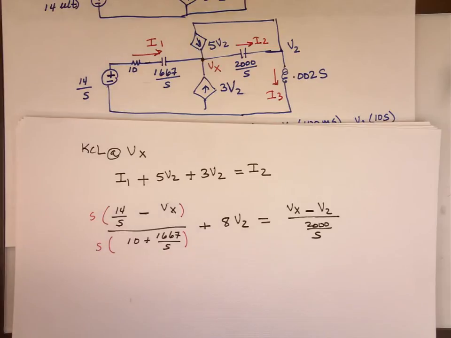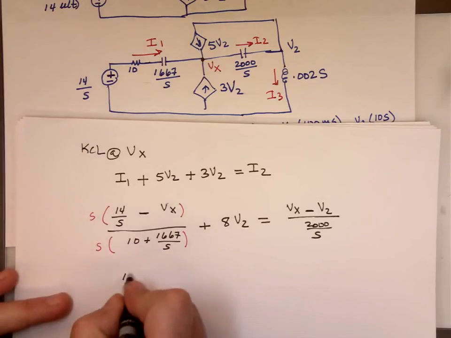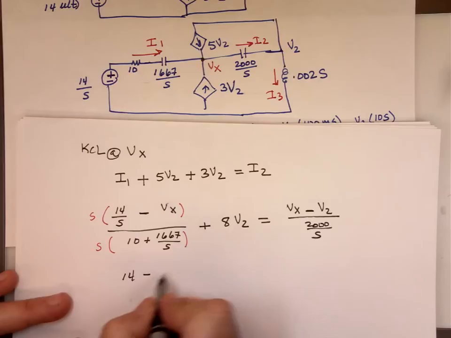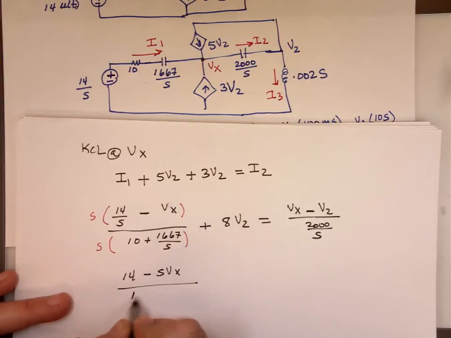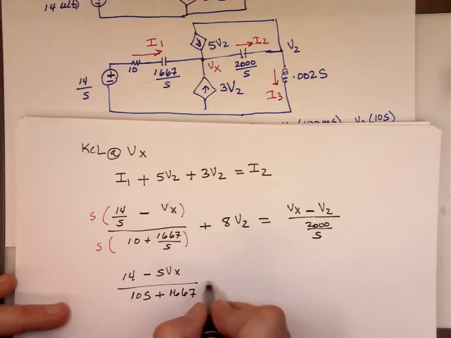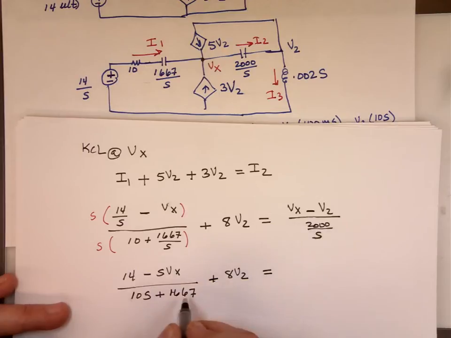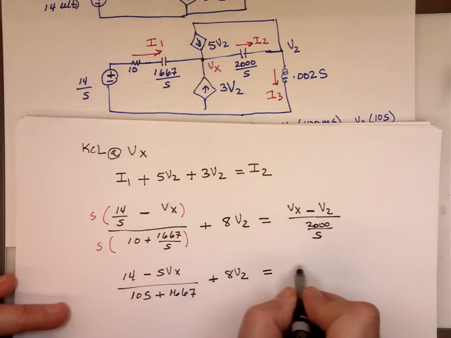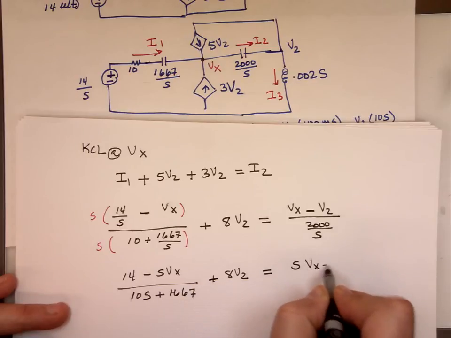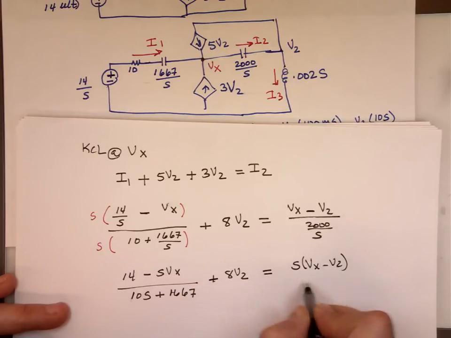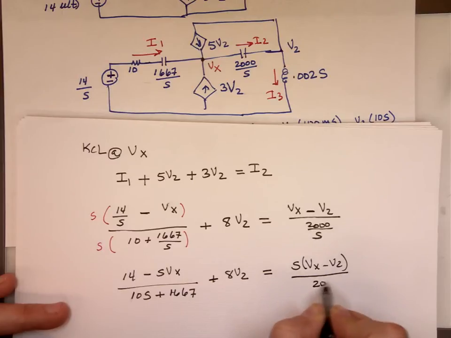I'll have 14 minus SVx over 10S plus 1,667, plus 8V2, equals S times Vx minus V2 in parentheses, divided by 2,000. 2,000, thank you.